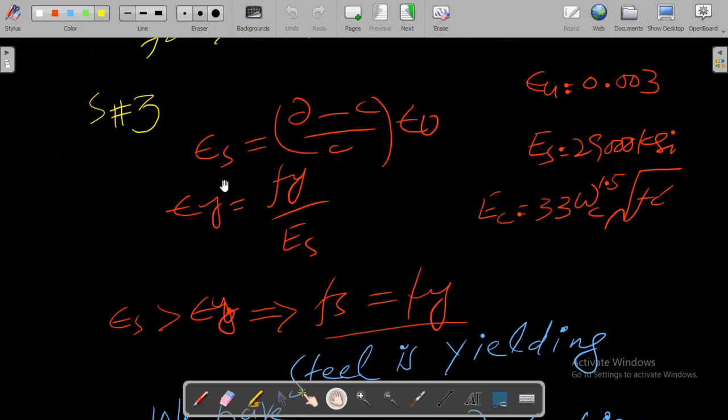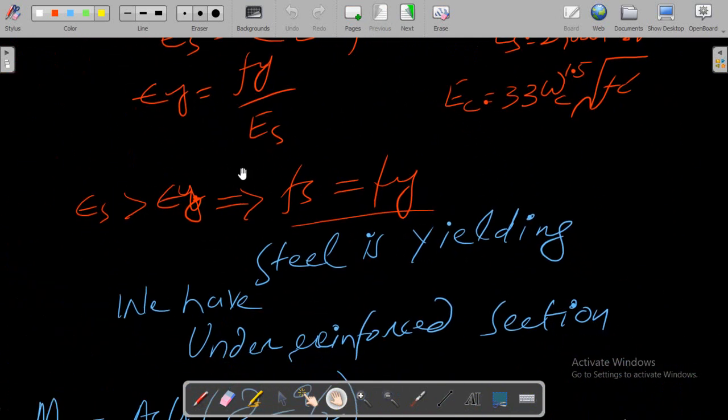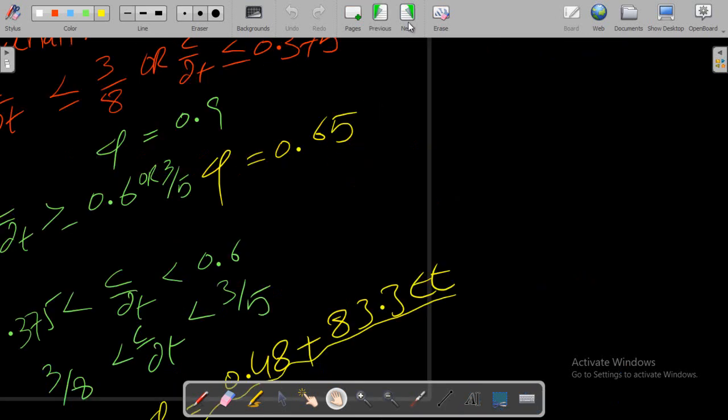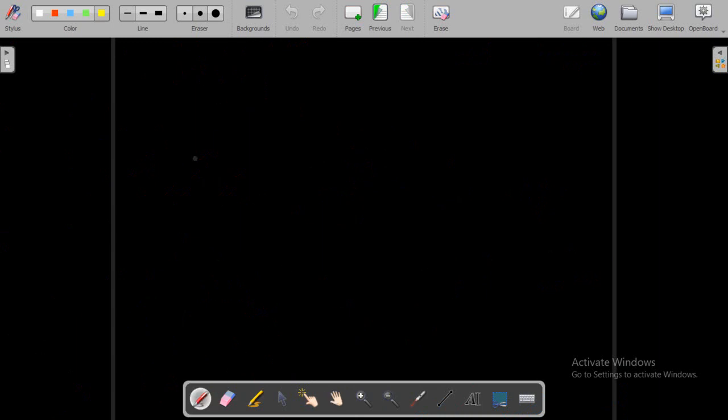This step number 3, that if epsilon s is not greater than epsilon y, this is important, and this assumption is wrong. So what does it mean? This is important to understand now. Write this one. This is step number 3.